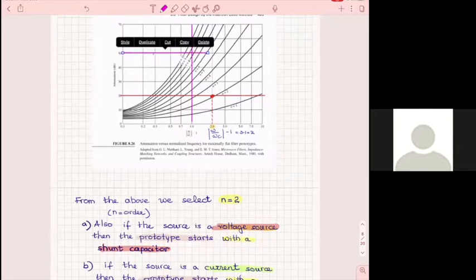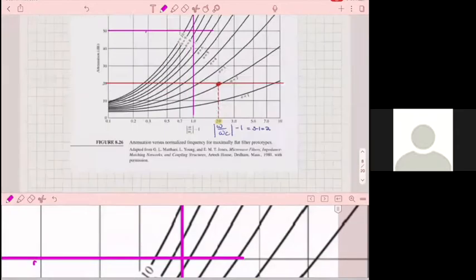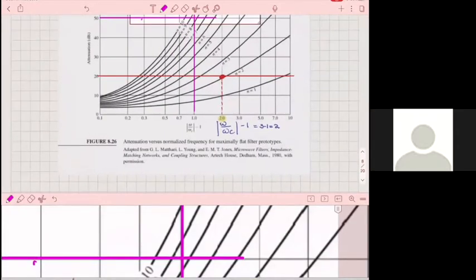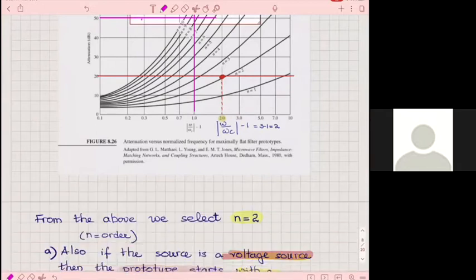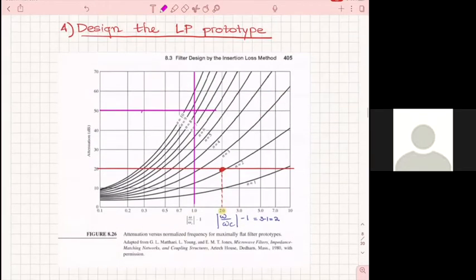Okay, so how many sections do I need to have? In fact, if the 50 dB at twice my cutoff is a very hard requirement, I'd rather go with more sections rather than fewer. So I will go up here to design it. Practically, I will select n equals 9.